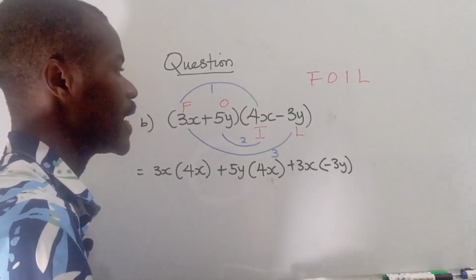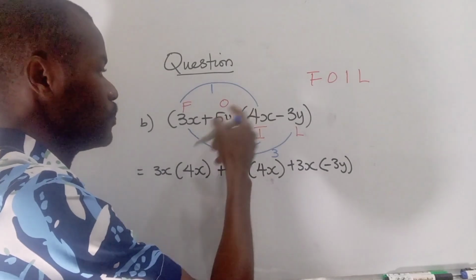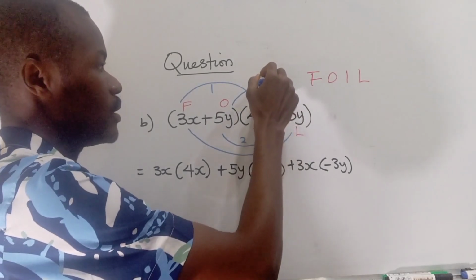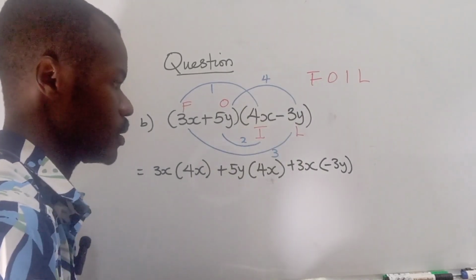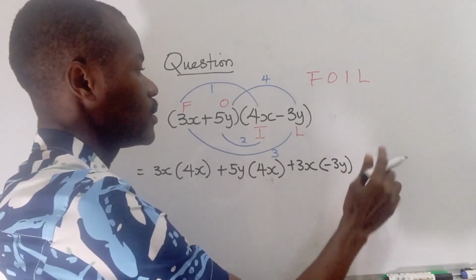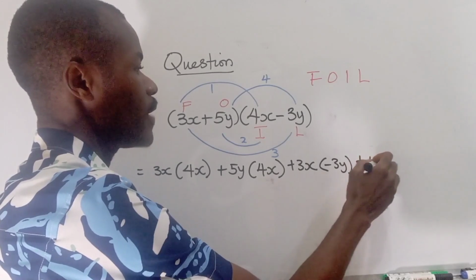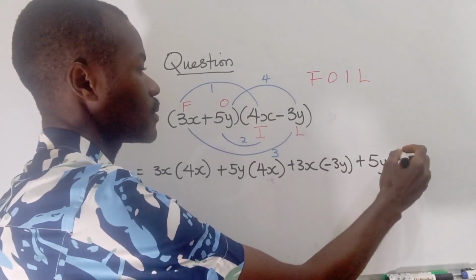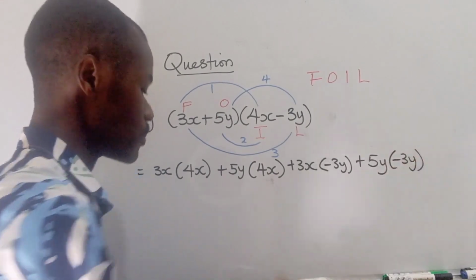And lastly, the outer term comes to multiply the last term. So this is step 4. That is going to be plus 5y coming to multiply our minus 3y.